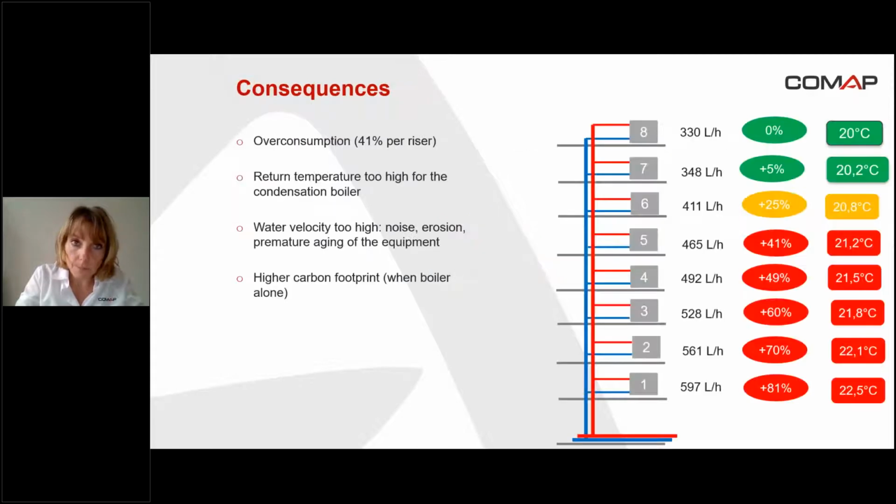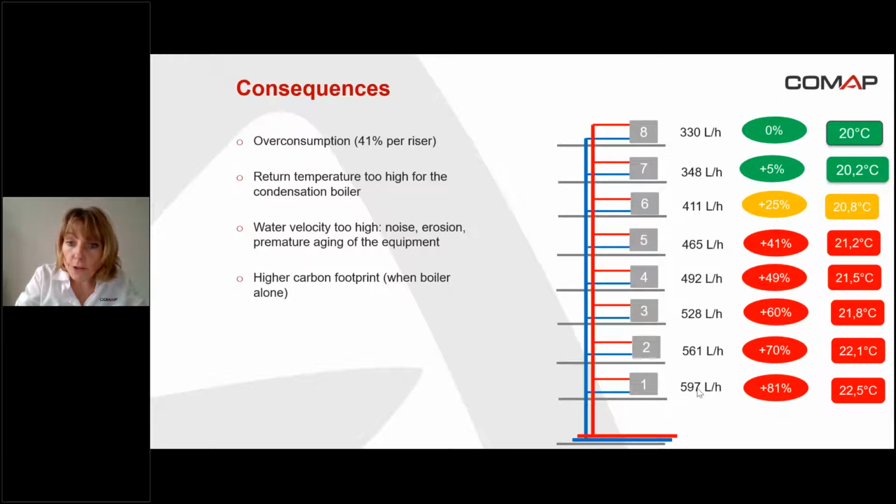but there are also other consequences. So here you have the heat distribution when we boost the pump. At the top of the building, the flow is correct, 330 liters per hour, so the temperature is nice, but the flow is getting higher when we go to the lower floors.